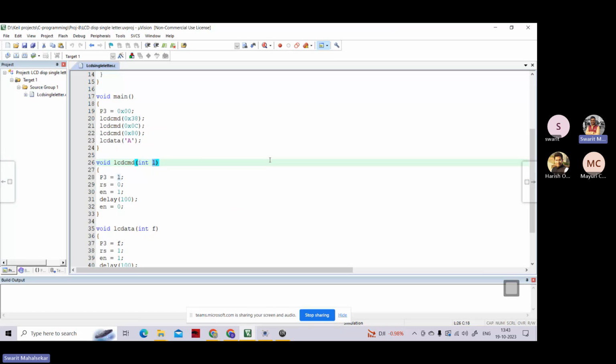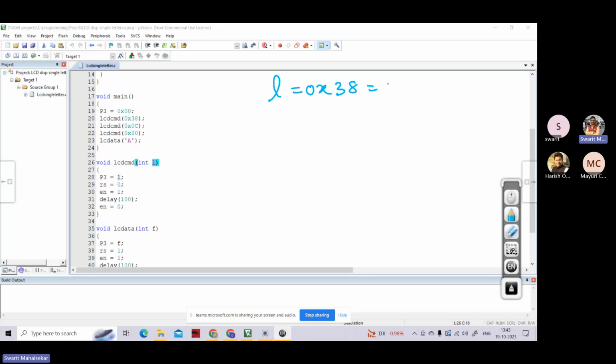You see, my L will get the value 0x38, that is 00111000. This value will be assigned to port 3. Port 3 will get this entire value, 00111000.